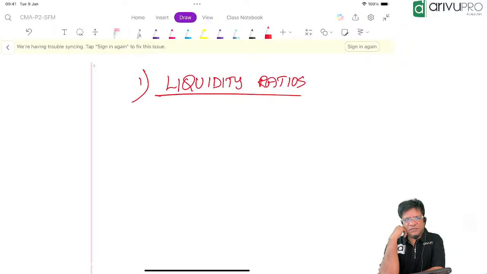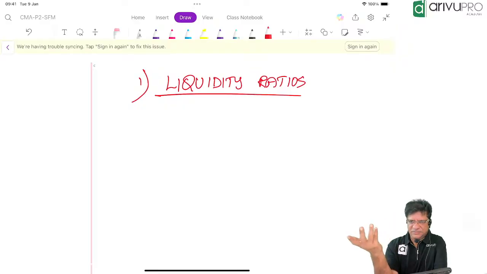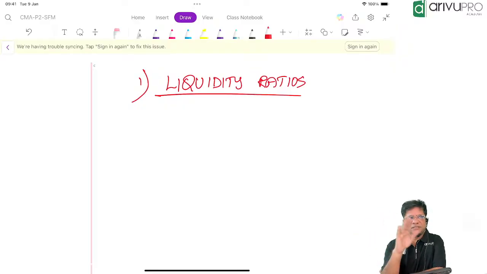It's a proportion: one numerator, one denominator. Like yesterday, what we did, vertical analysis, horizontal analysis, denominator, numerator into 100. That's the ratio. What we did yesterday is also a ratio.